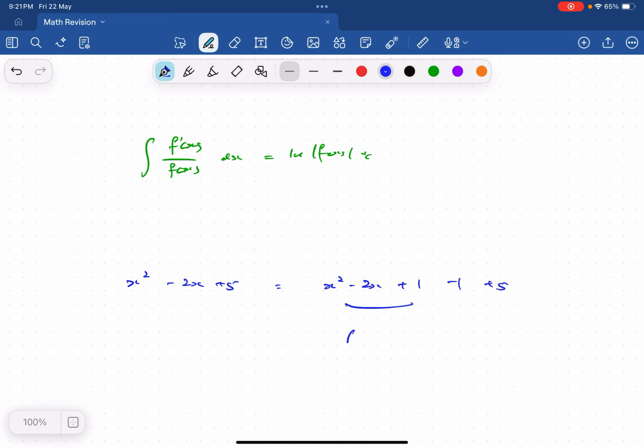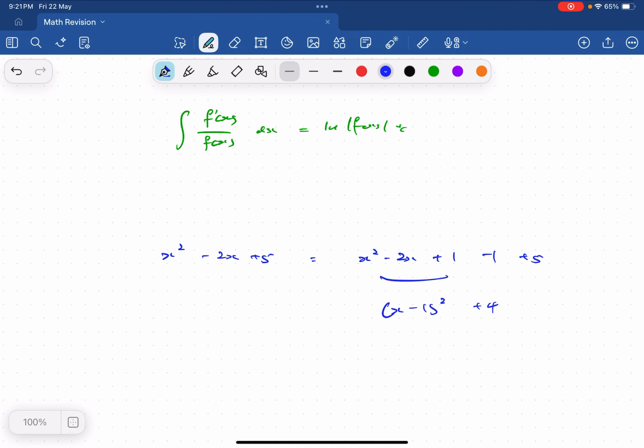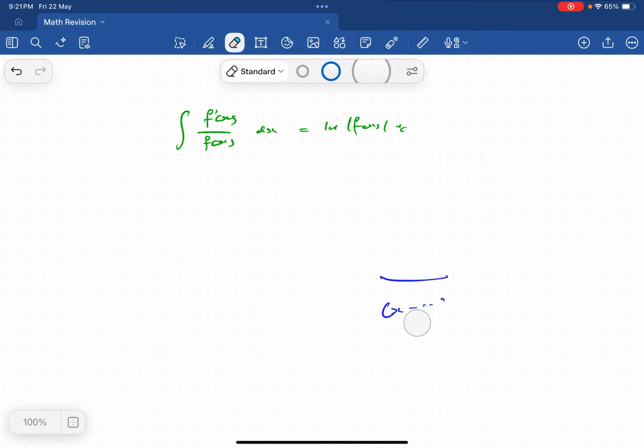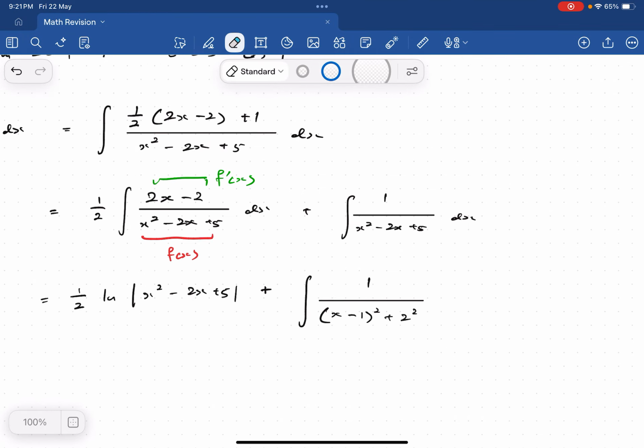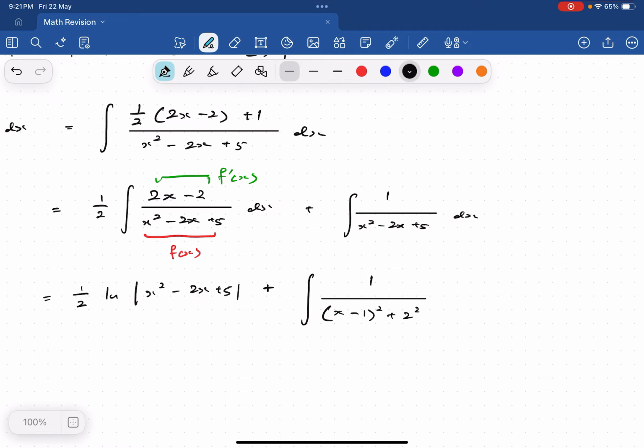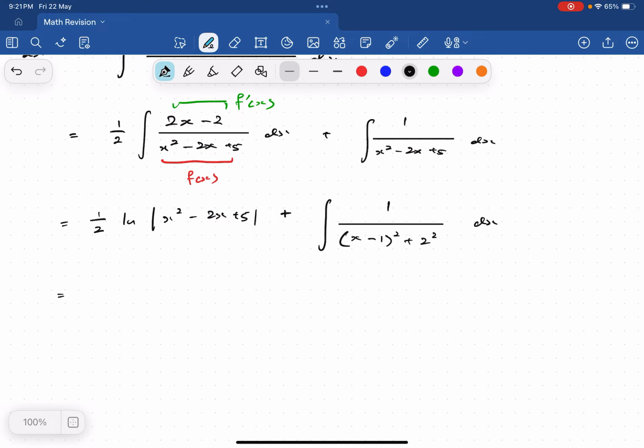This thing here will give me x minus 1 squared. Minus 1 plus 5 is plus 4, so it's plus 2 squared. Okay? Yeah, that was really embarrassing. I can't believe I just had to teach you Sec 3 math. But anyway, I hope you get how to complete the square.